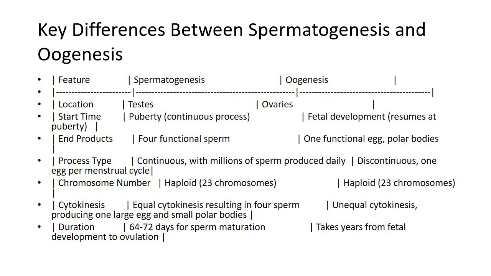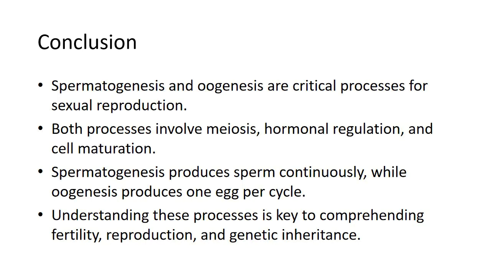Conclusion: spermatogenesis and oogenesis are essential processes for the formation of functional gametes necessary for sexual reproduction. Both processes involve meiosis, hormonal regulation, and maturation of gametes to ensure that each sex cell is capable of combining with the opposite sex's gamete during fertilization.